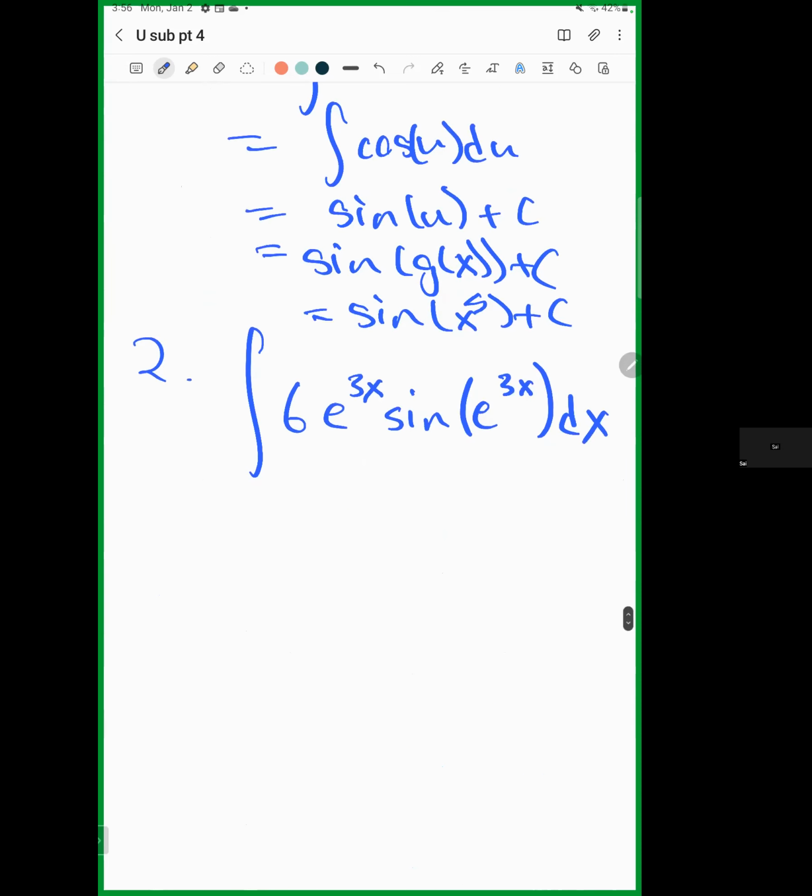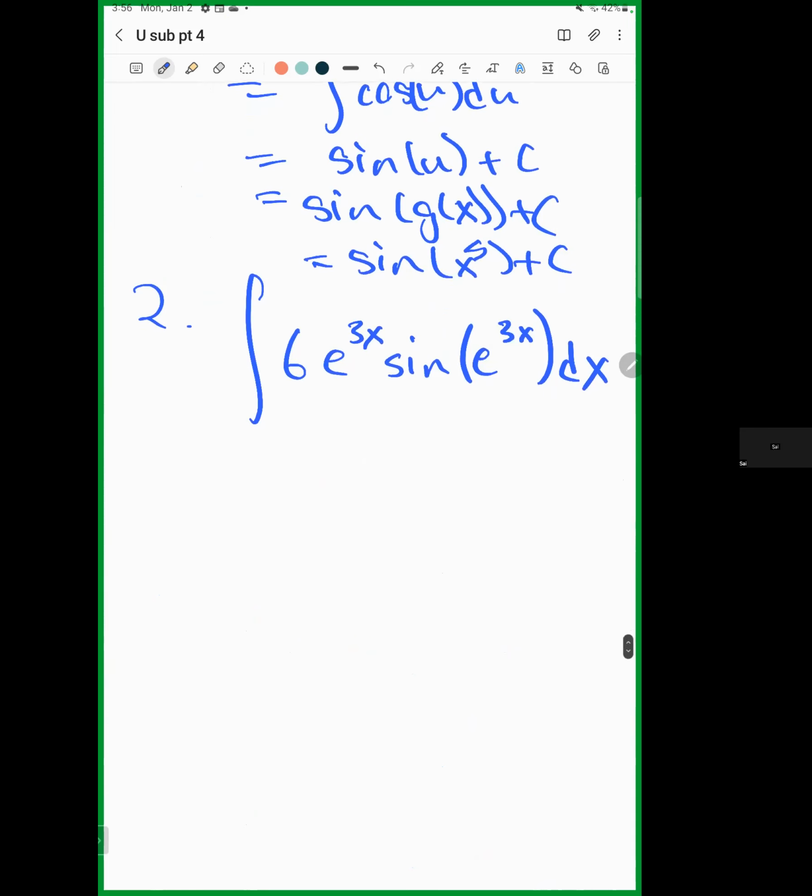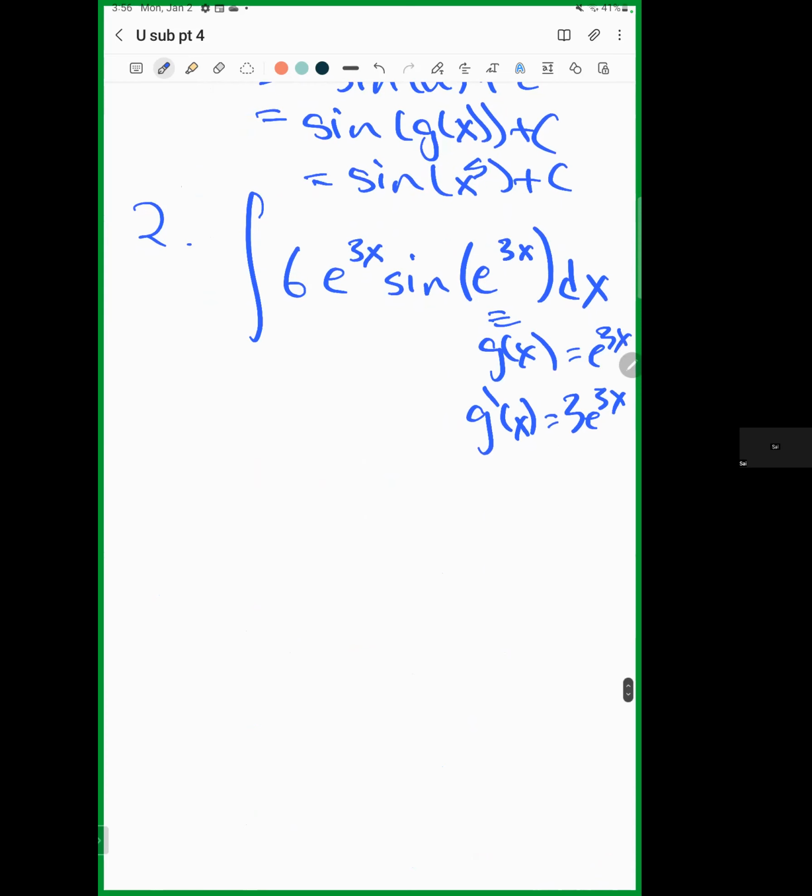The next example is a little bit trickier. If we had to guess, maybe a good starting point would be to guess that g of x is e to the 3x. And then what we would be looking for is something like 3e to the 3x out here, but we don't have that. We have 6e to the 3x. So this requires a little bit of algebraic manipulation.